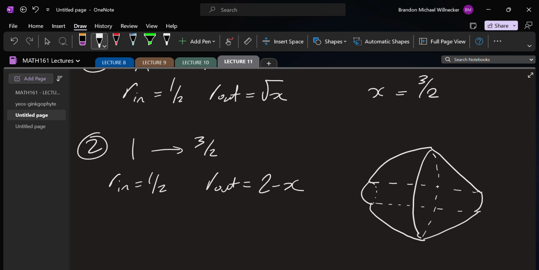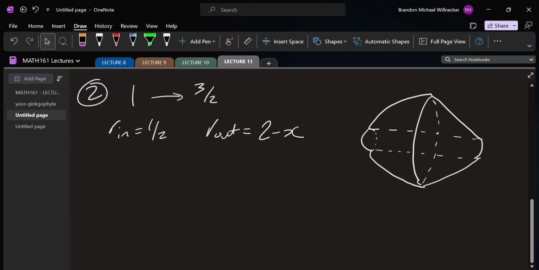Okay, and then we have root x, and then a line like that. Okay, so it will be something like that. So you've got the cylinder running through the middle because of the fixed line y equals a half. Then the left-hand side of the shape, that's determined by the root function being on the outside. And then the right-hand side of the shape, that's just going to be like a straight line sides.